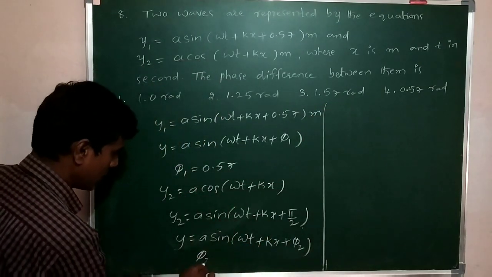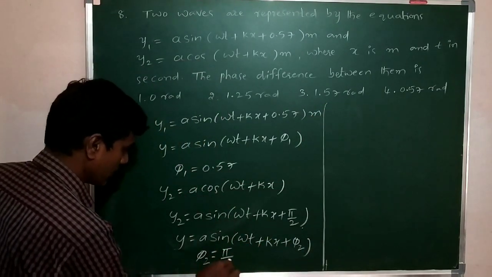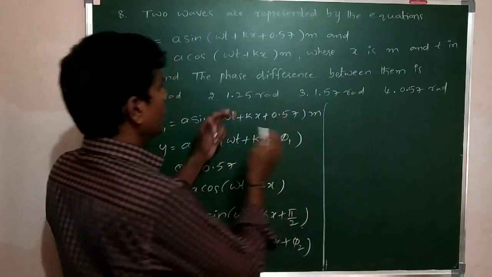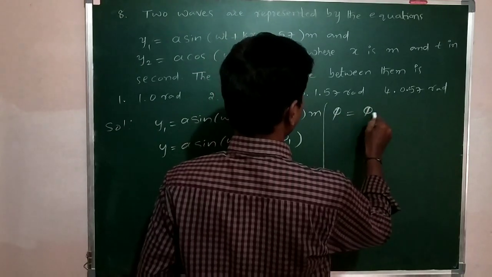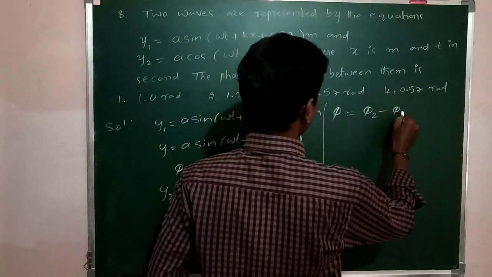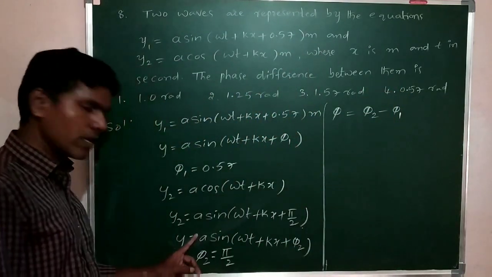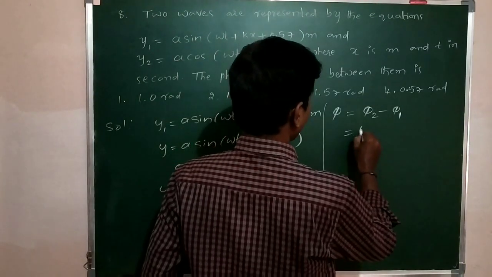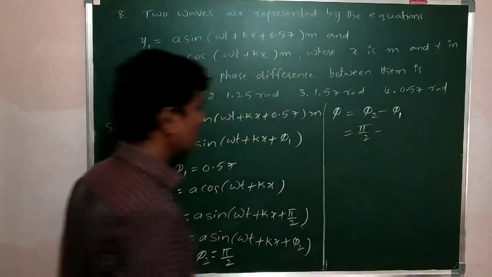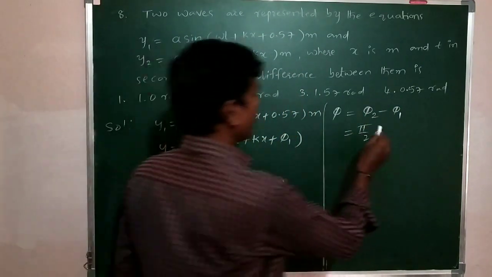So phi 2 is equal to pi by 2. Now we have to find out the phase difference. The phase difference is phi equals phi 2 minus phi 1. So what is the value of phi 2? Pi by 2. Here it is pi by 2 minus phi 1, which is 0.57.